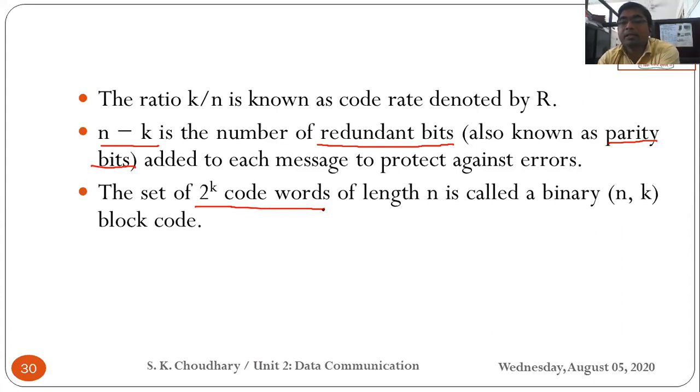Means if you have a 3-bit message, you can generate 2 to the power 3, meaning 8 code words having n bits, each code word having a length of n bits. So it is called a binary (n, k) block code. This is the way of representation, (n, k), always for linear block codes or block codes.